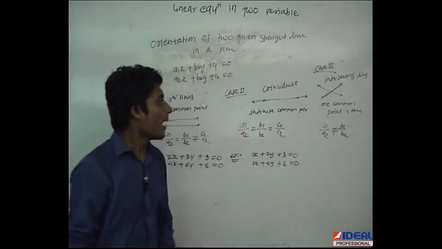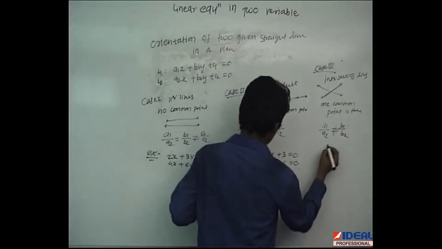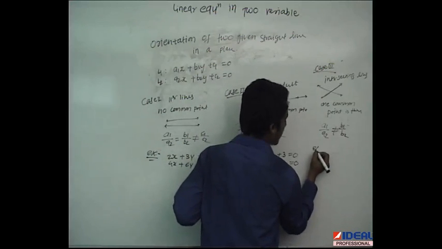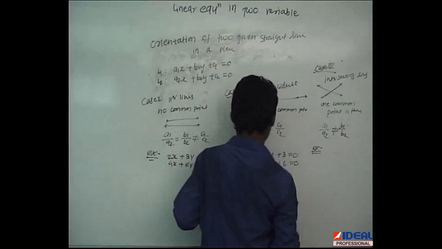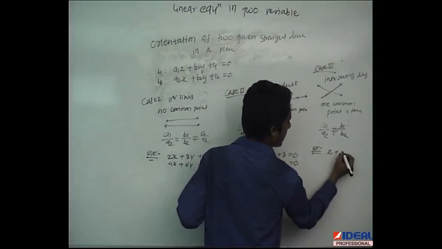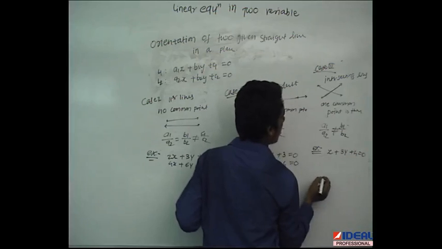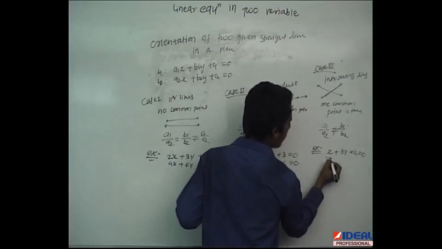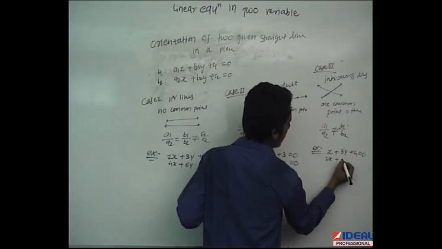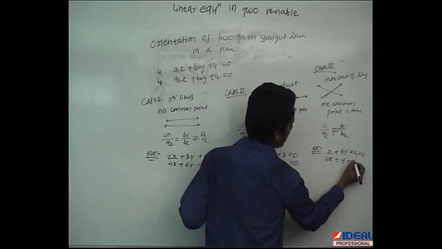Okay, and last, for example, x + 3y + 4 = 0 and 2x + y + 3 = 0.